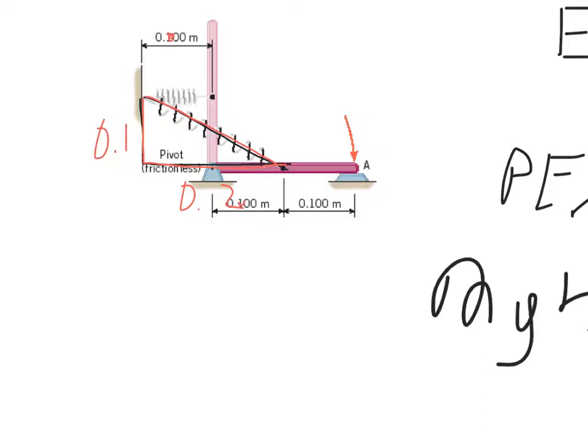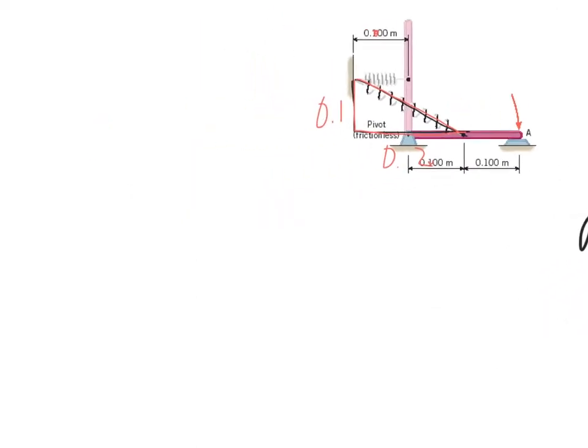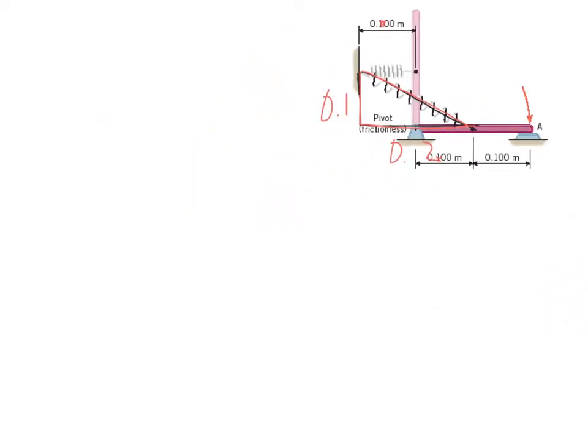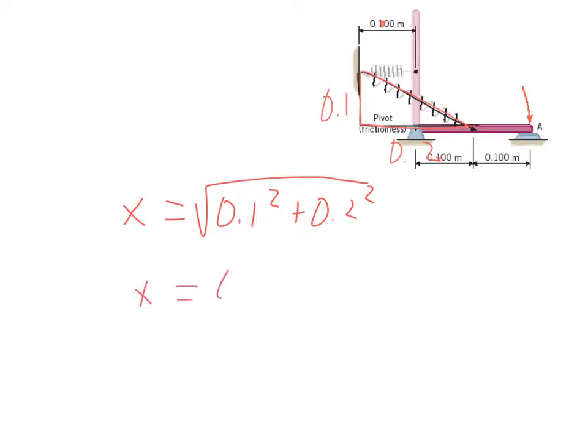All right, so now you just use Pythagorean Theorem. I'll come over here, and basically the x, the hypotenuse, or c if you want to call it, whatever, is going to be 0.1 squared plus 0.2 squared, and take the square root of that. And when you do that, you get an x length equal to 0.223. But that's not the exact x length that you want. The reason being is it was already at a length over here of this 0.1.